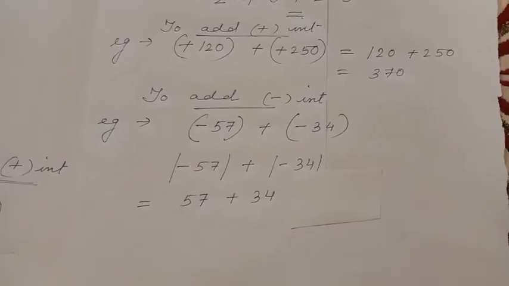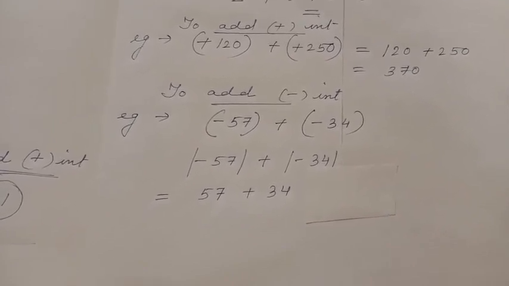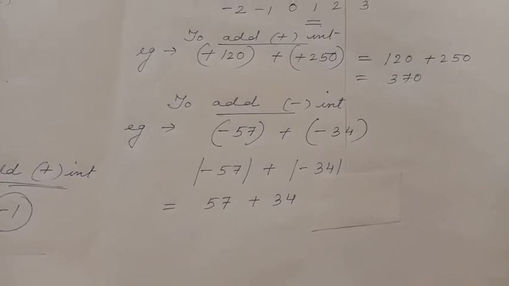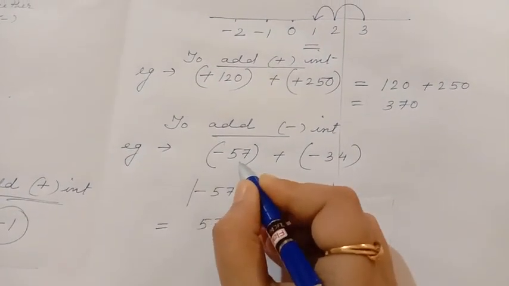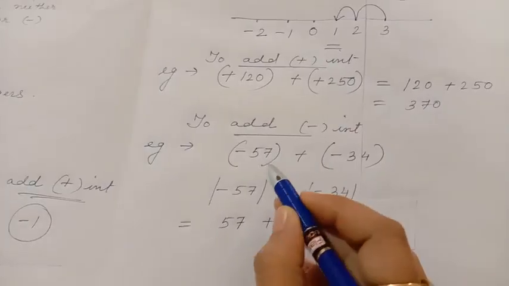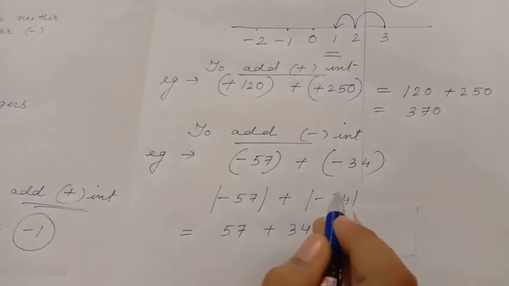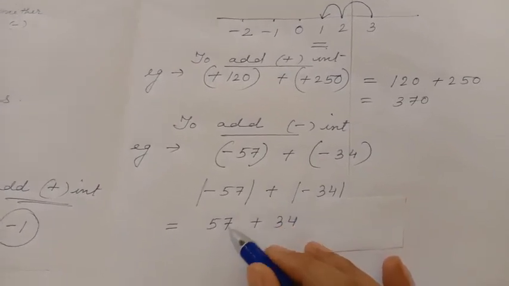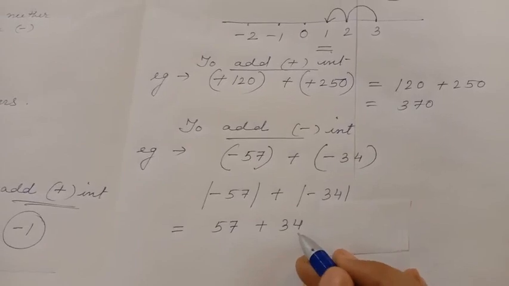Now add two negative integers. For that, first you have to add their absolute values and give the negative sign in front of the sum obtained. Suppose minus 57 plus minus 34. Absolute value of minus 57 plus absolute value of minus 34. The absolute value of minus 57 is 57 and of minus 34 is 34.